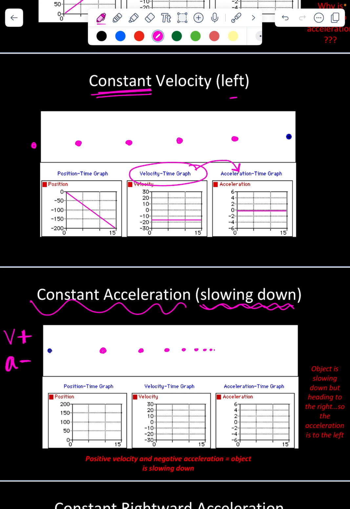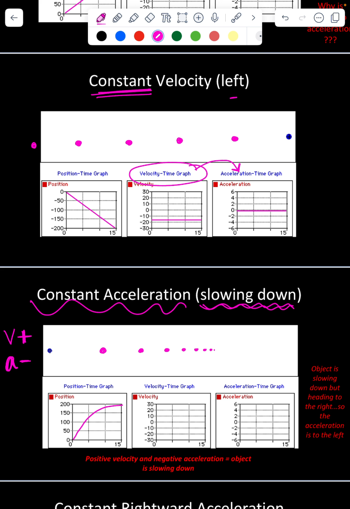All right, so if we are going in the positive direction, but we are slowing down, that means that we should still have a positive slope, but we're going from a more steep slope to a less steep slope. So what we would see on a position versus time graph would be a curve that looks something like that.